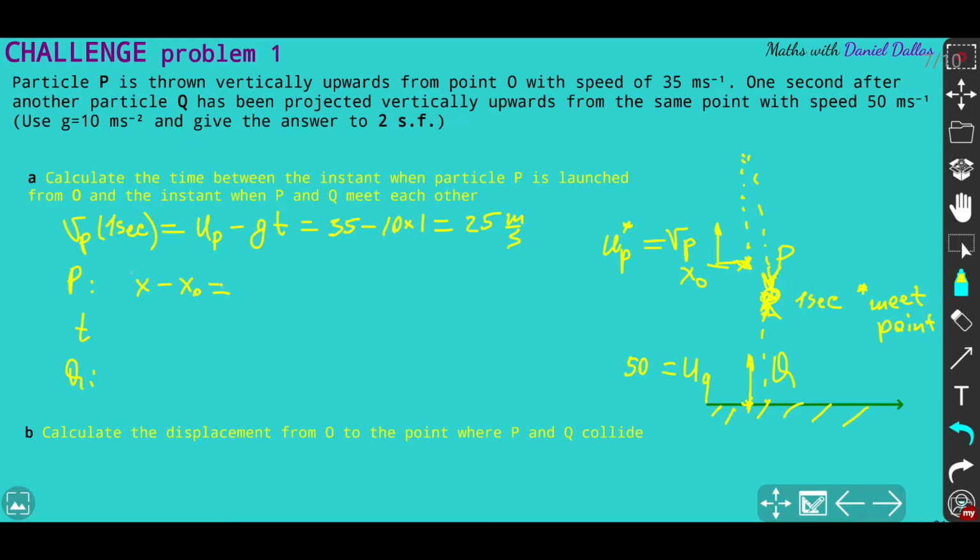And according to this consideration it's going to be again Vp, this velocity, times time, minus gt squared over 2. As you notice, the velocity in our case is 25 meters per second and it's positive, so we apply the positive sign. We project; it means at this time instance the particle is still going upward.